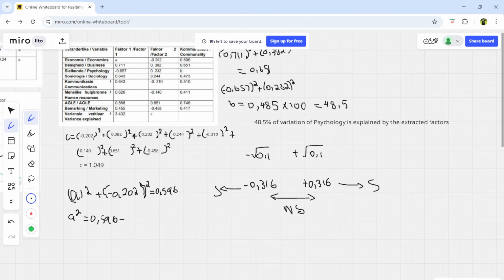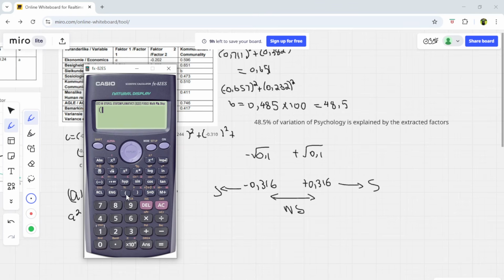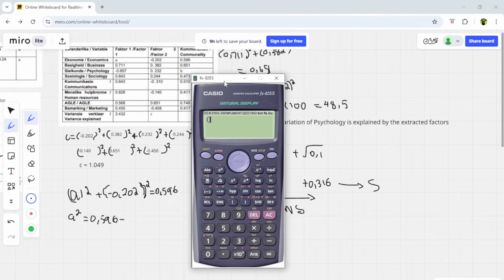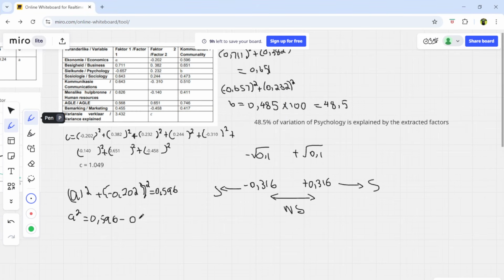You can just go to the calculator and get the value of this: minus 0.202 in brackets squared, which is 0.041, because the 8 adds 1 here.